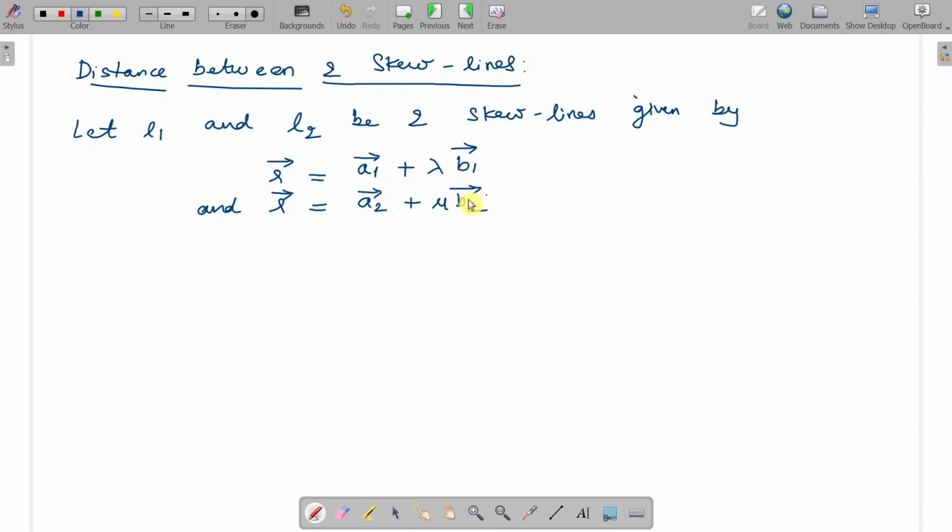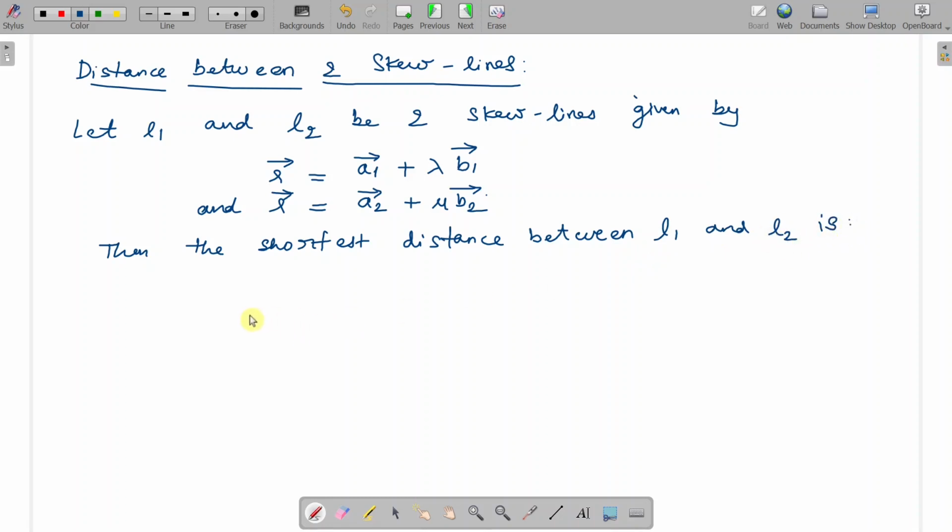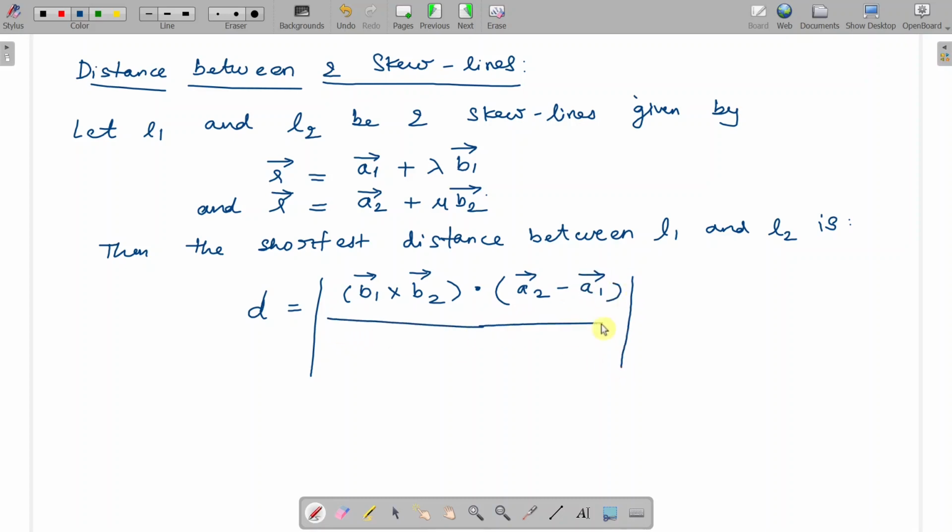Then the shortest distance between L1 and L2 is denoted by small d equal to modulus of (b1 bar cross product b2 bar) dot product (a2 bar minus a1 bar), modulus closed, divided by magnitude of b1 bar cross product b2 bar.